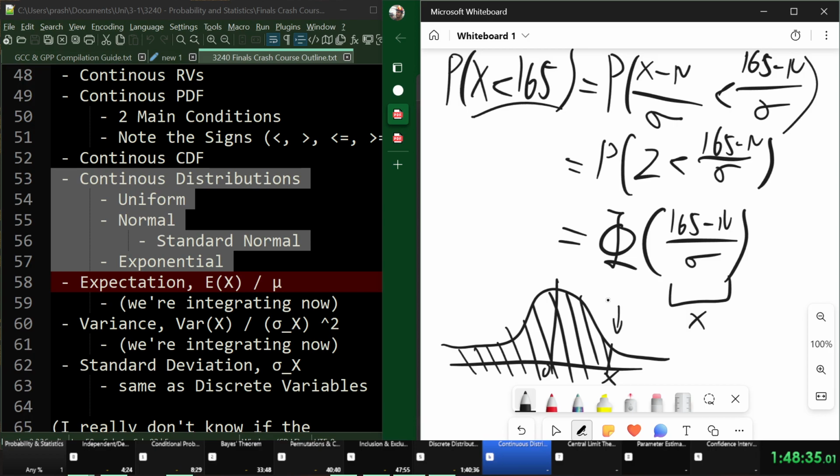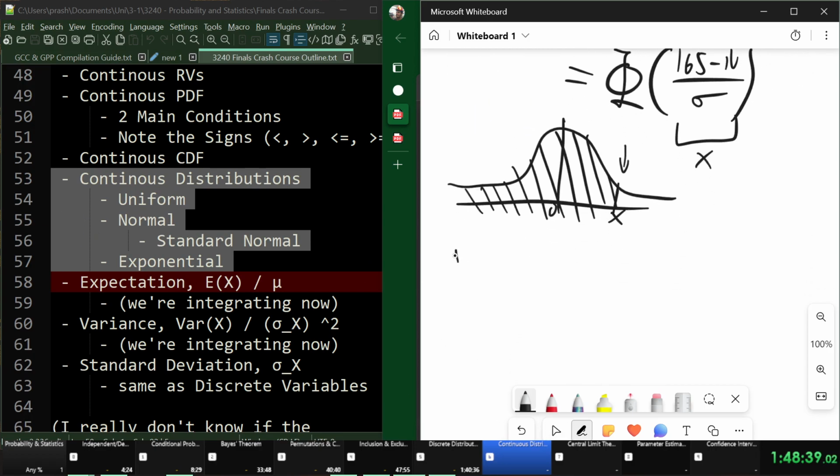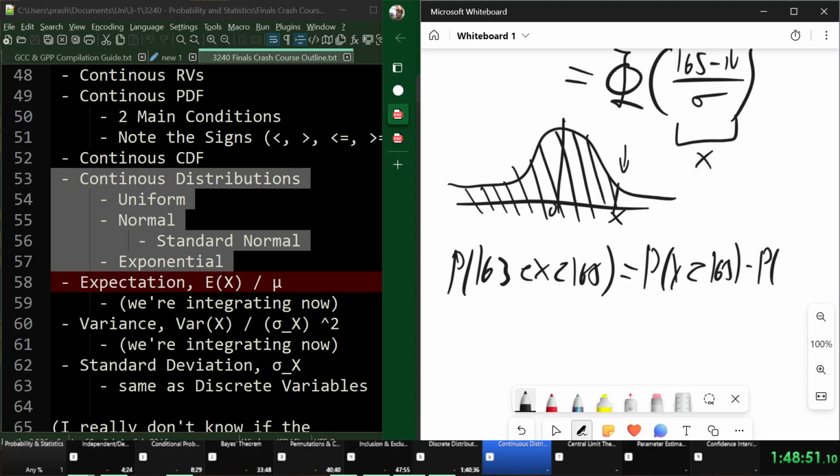To find a range, this is usually when it will be something like 165, 163.